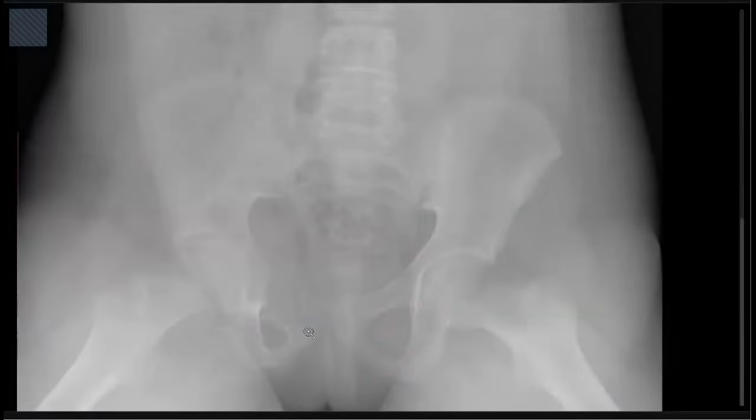You have to describe it as an ill-defined expansile lytic lesion seen involving the right acetabulum, right superior pubic ramus, and extending to the right iliac bone, associated with soft tissue swelling indenting the urinary bladder. Not so much soft tissue component along the outer surface.